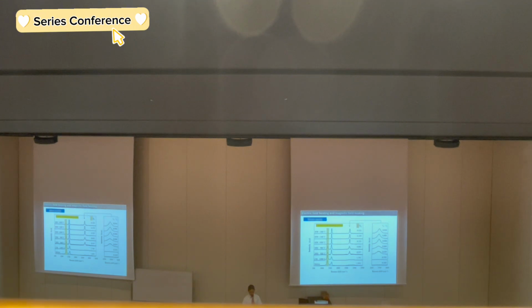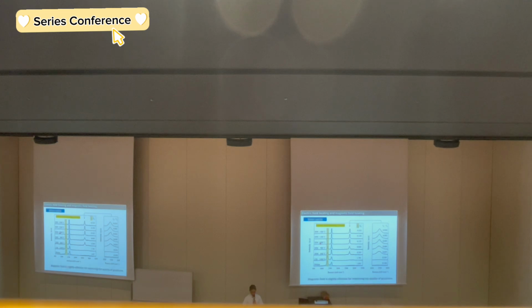We generally use the value of ID per IG to represent the defect amount, and this data suggests very, very low defect after heating.